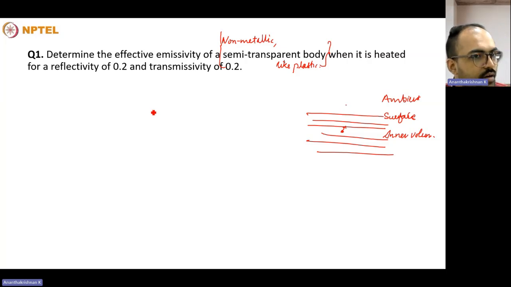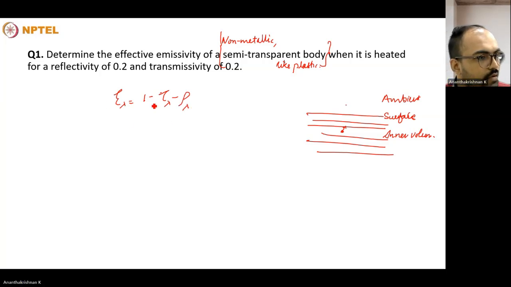But this is somewhat different from that of a metallic body which is semi-transparent. In that case, we could have used the spectral emissivity as 1 minus the spectral transmittivity minus the spectral reflectivity.